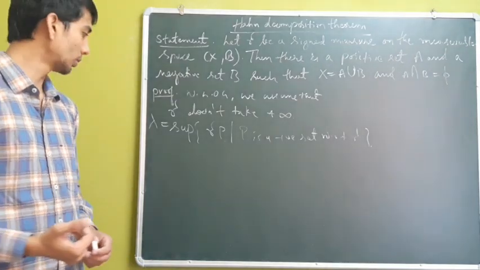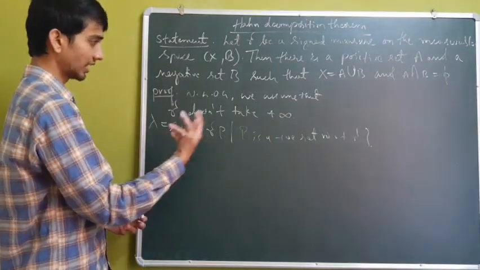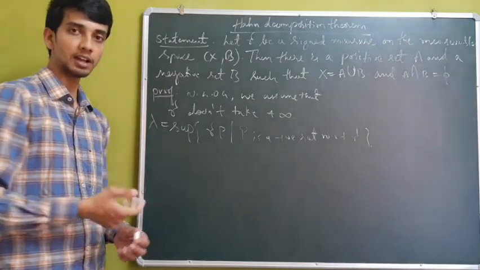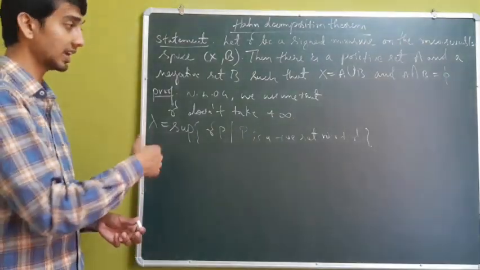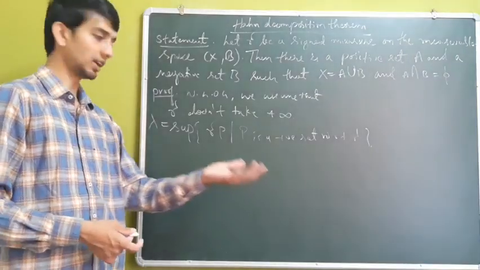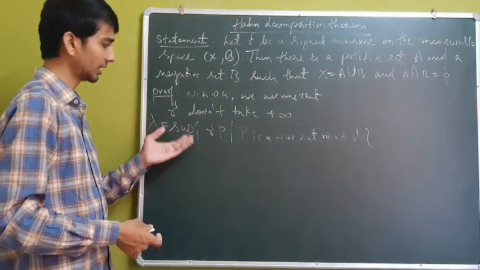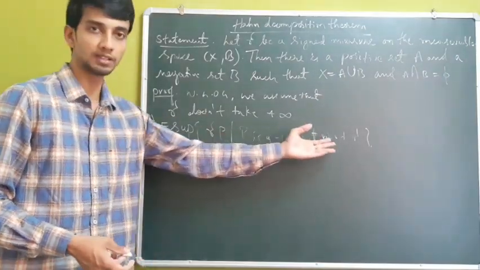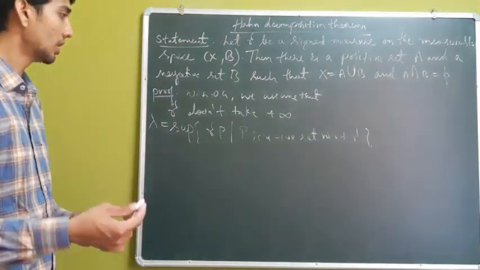It is enough to prove that gamma of A, which is the sign measure of A, is equal to lambda, and that deduces that A is a positive set. So we will show that the sign measure of A equals lambda.